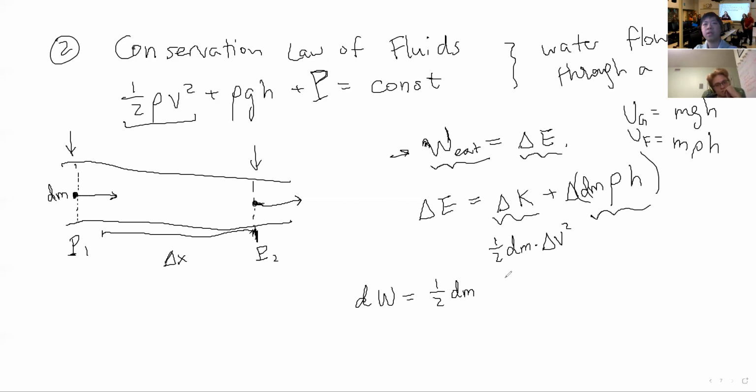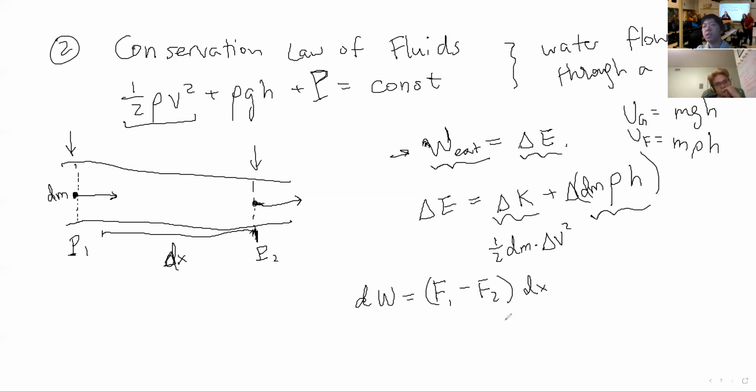Well, first of all, let's define this as force over a distance, right? Since it travels a distance of dx, we can say that it is some force, F1 minus F2 times dx, right? So it's force times some distance.